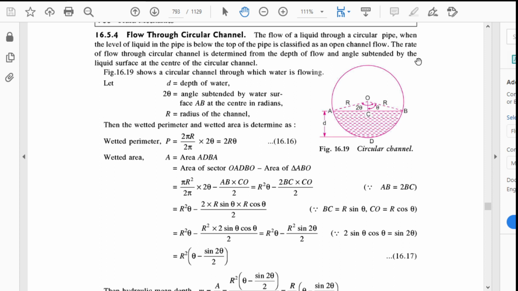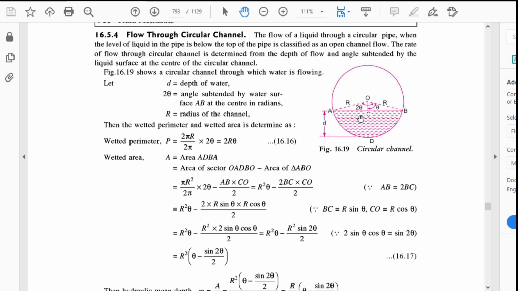In this figure you can see that R is the radius of this circular channel section. Here this is the radius and this is also the radius. O is obviously the center of the circular channel. The dotted portion shows the water depth.